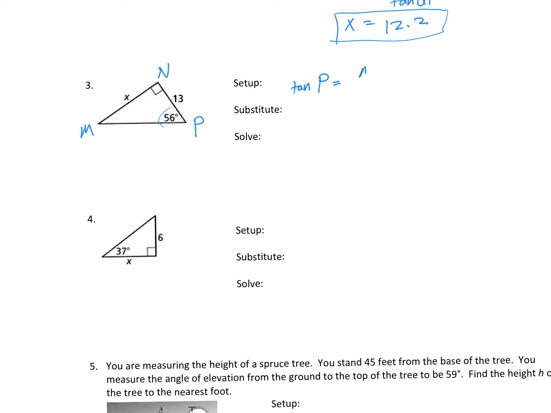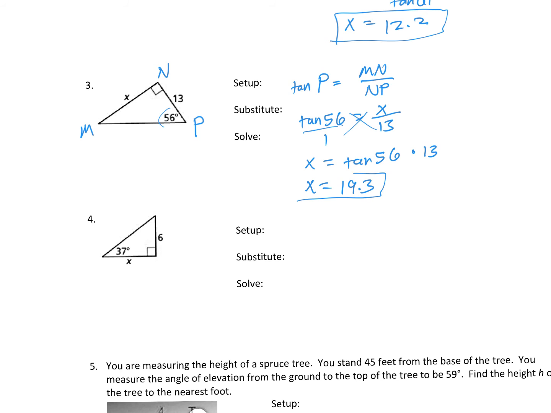Opposite is MN over adjacent, which is NP. We'll substitute. So tangent of 56 must equal X over NP, which is 13. This is all over 1. Cross multiply. So then X must equal tangent of 56 times 13. Okay, we'll put that into our calculator. X equals 19.3. That distance there.